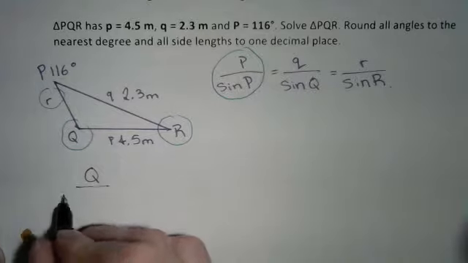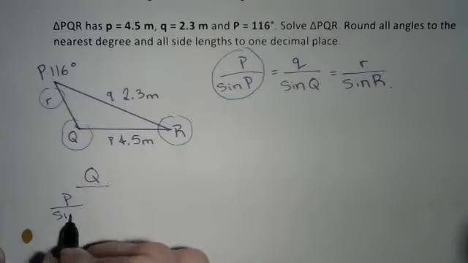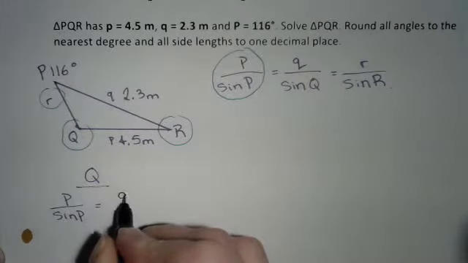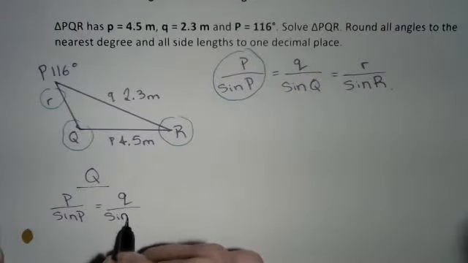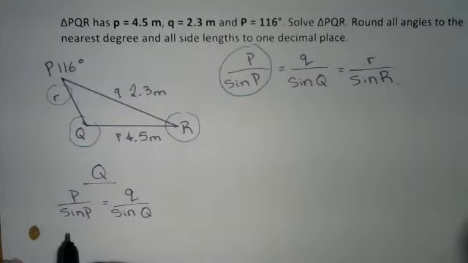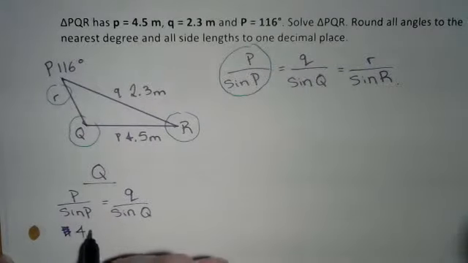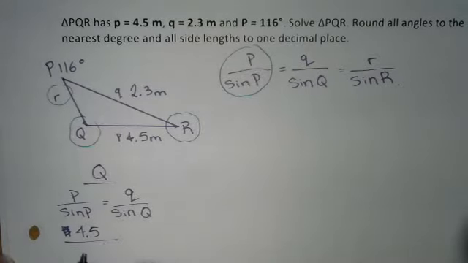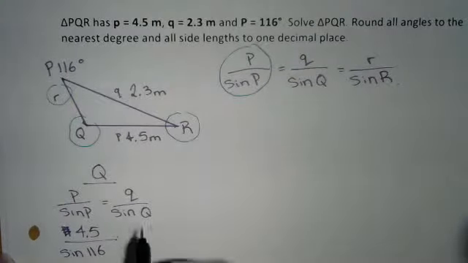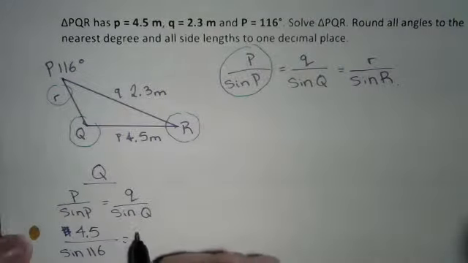To find Q, we need to use the ratio we know, and we're going to use, obviously, Q. Substitute the values that we know. Ooh, little p and big P look very similar. Super careful. Sine, remember, is always the angle. Sine 116 over little p, 4.5, is equal to sine of big Q over little q, 2.3.